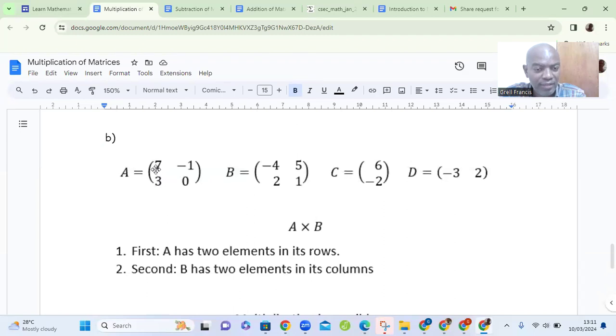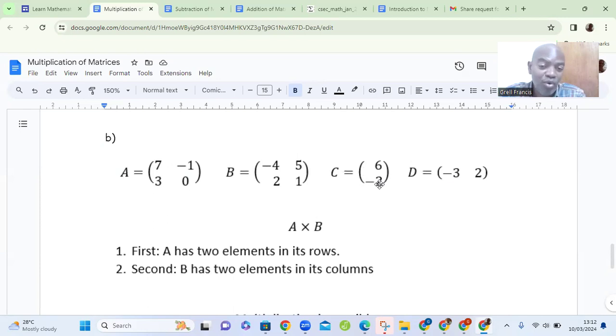A has 2 elements in its row, sorry, you have to be very careful not to confuse. 1, 2 in the row of A, and C has 1, 2 in its column. So multiplication is possible. Although addition A plus C is not possible, multiplication is possible because you've got 2 elements in the row of A and 2 elements in the column of C.